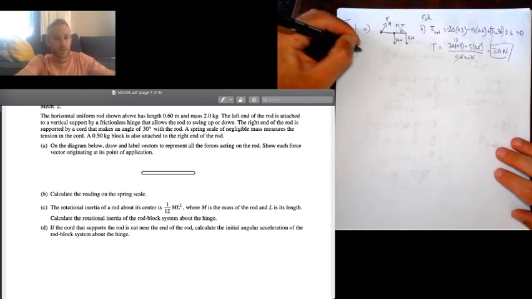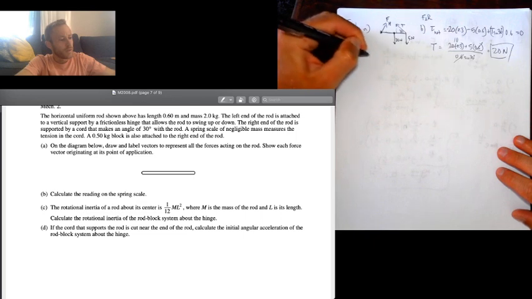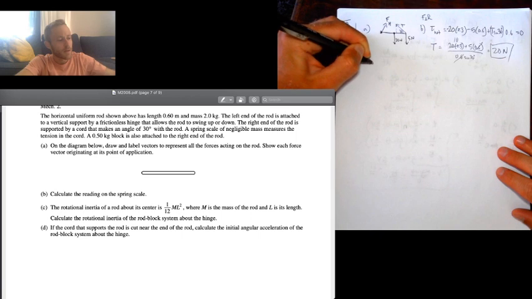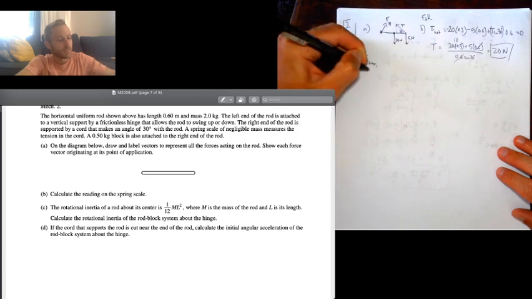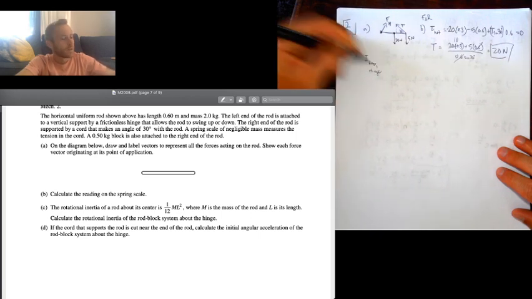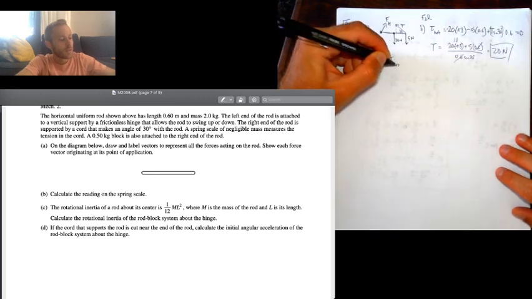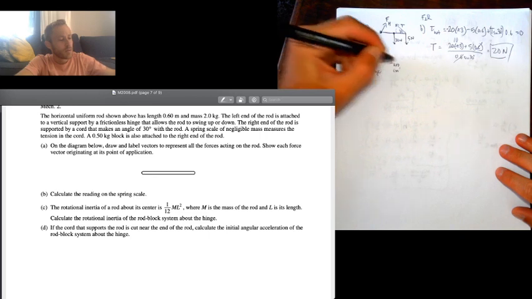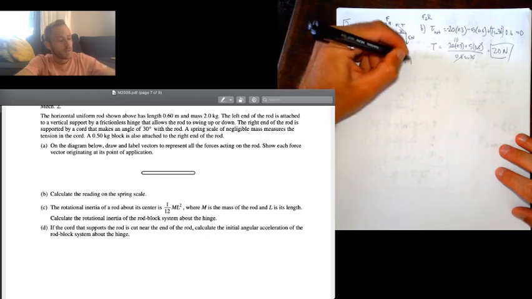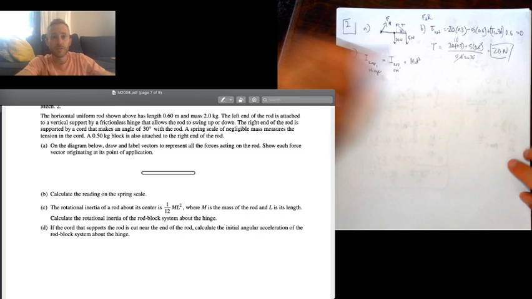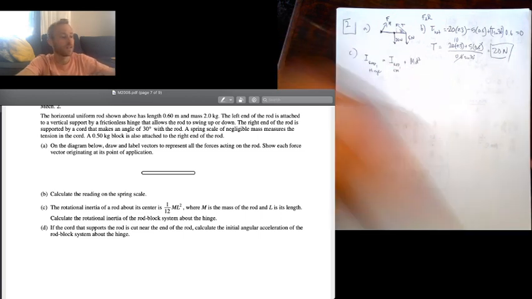The inertia of the rod about the hinge is going to be equal to the inertia of the rod about the CM plus m d squared, where d is the distance between the center of mass and the hinge.